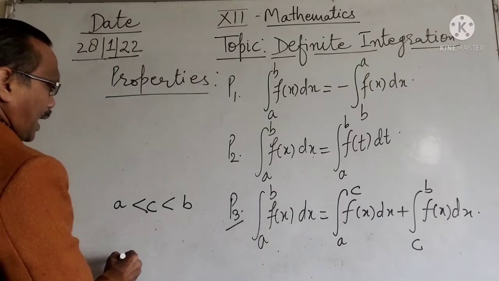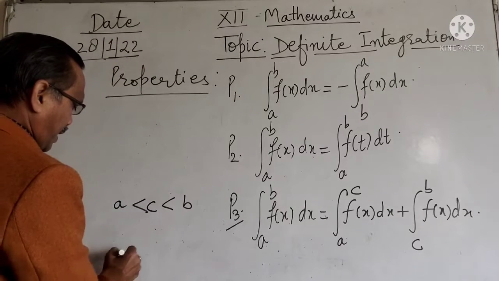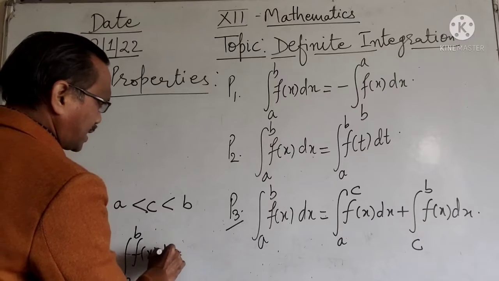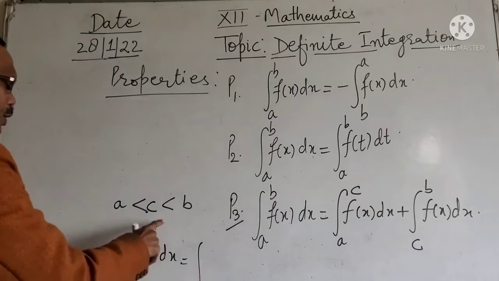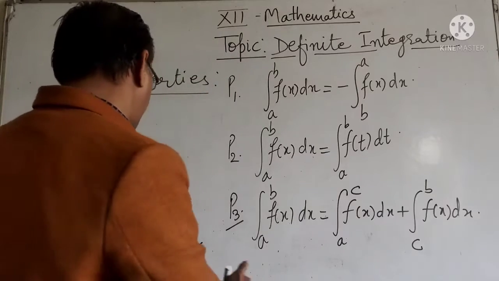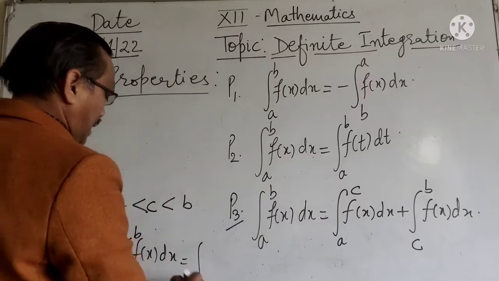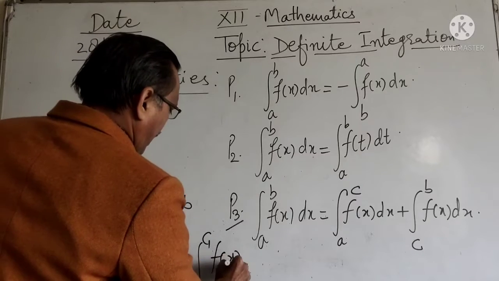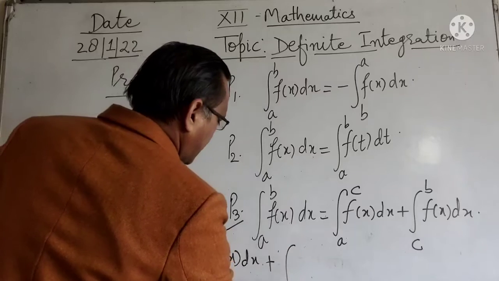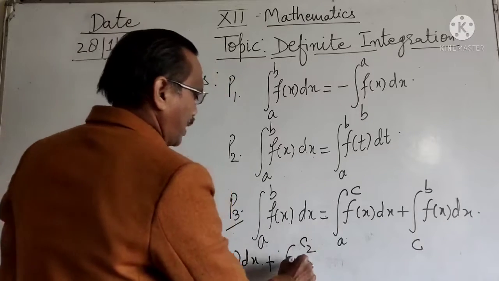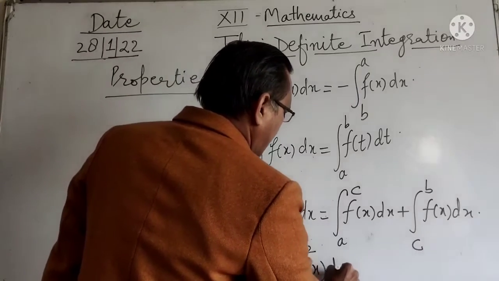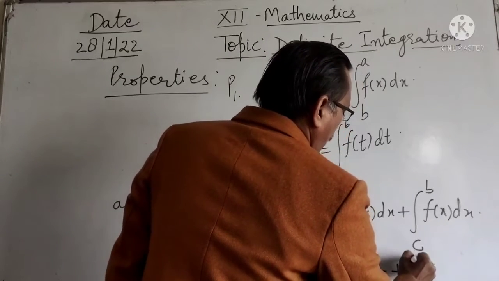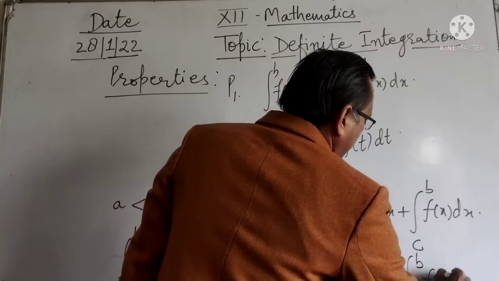We can also write it: integration a to b f(x) dx is equal to, suppose there are a number of points, a to c1 f(x) dx plus c1 to c2 f(x) dx and so on, plus cn to b f(x) dx.